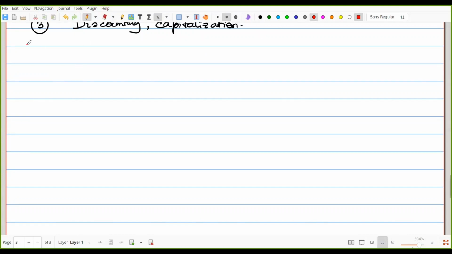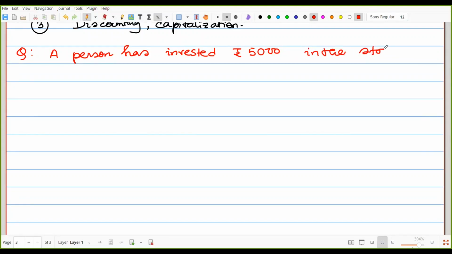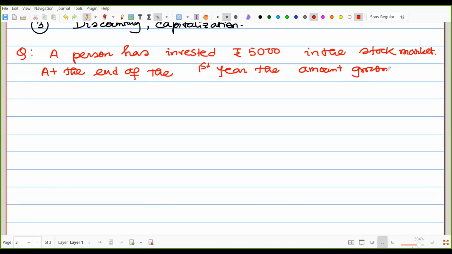Suppose the question is like that. A person has invested rupees 5,000 in the stock market. Then at the end of the first year, the amount grown to rupees 6,250.